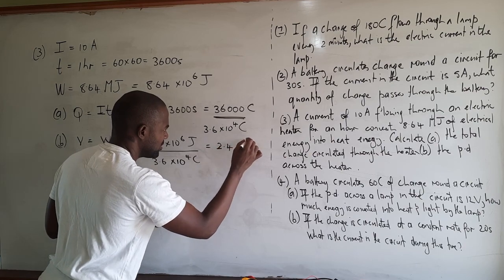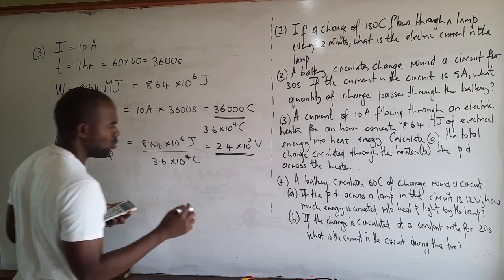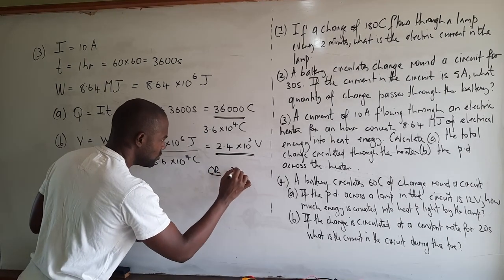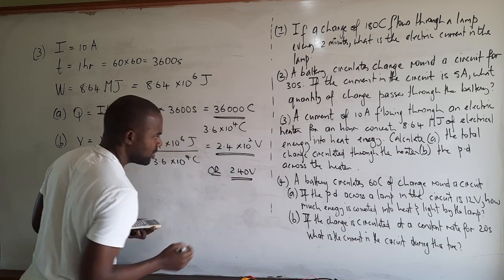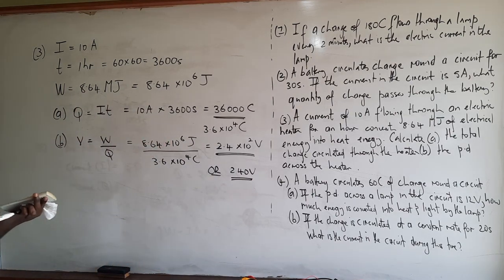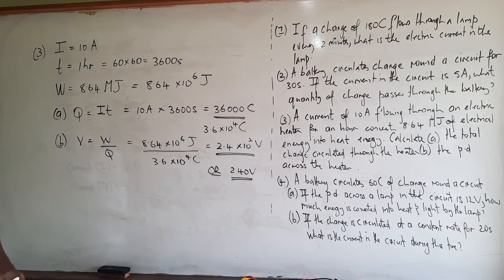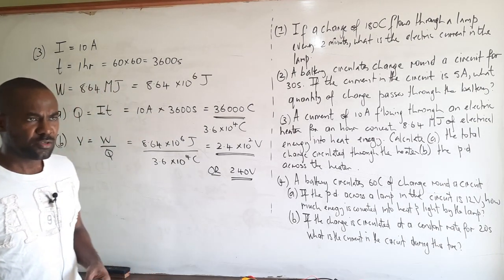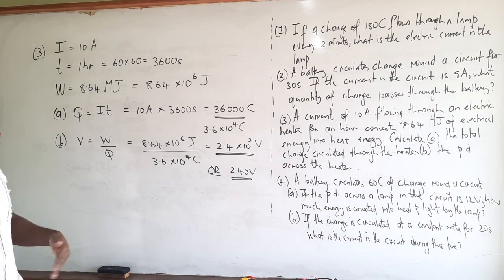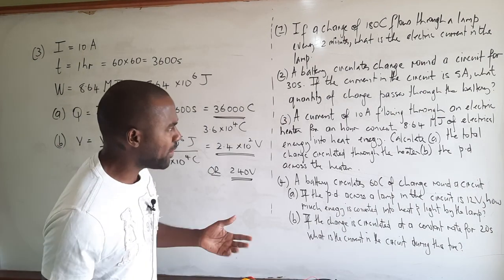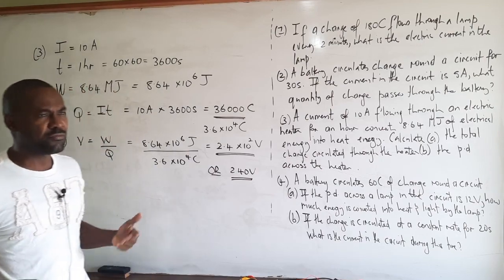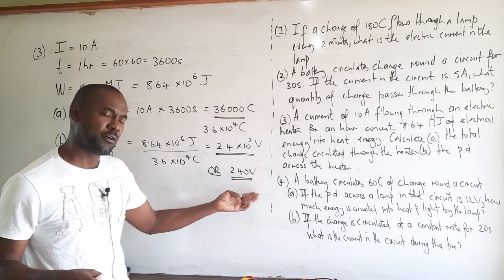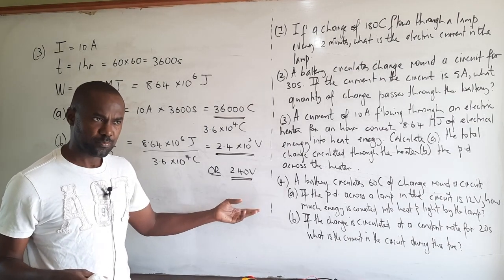This will be times 10 to the 2 volts, so 2.4 times 10 to the 2 volts, or simply 240 volts. So the PD across this heater would be 2.4 times 10 to the 2 volts, or 240 volts. What this means is that while the heater is part of the electric circuit, if we were to connect a voltmeter across it, we should get a reading in the region of 240 volts.